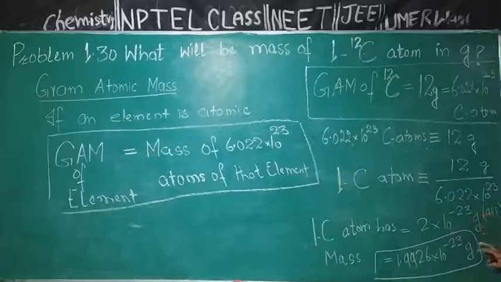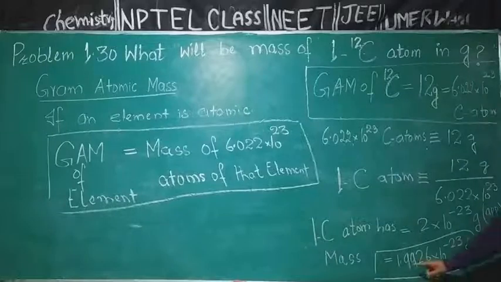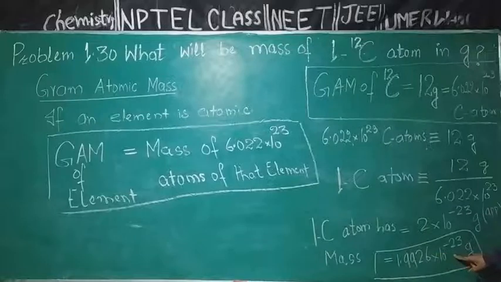We know that the SI unit of mass is kg, kilogram, and if you need to give your answer in kgs, then you can write 1.9926 into 10 raised to power minus 26 kg, because you have to convert gram into kilogram.